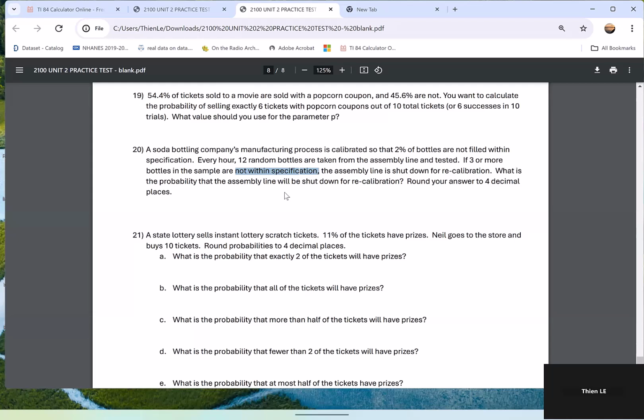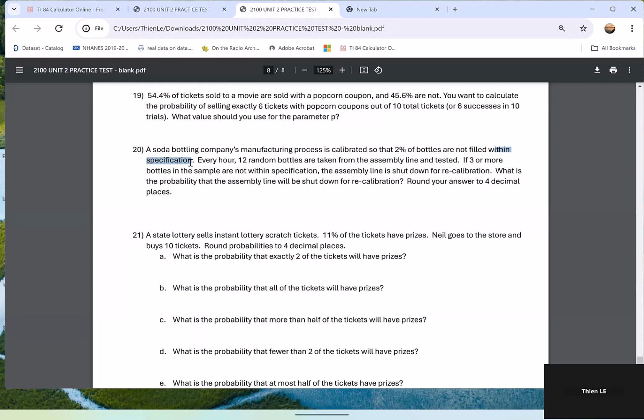So if you denote X as the number of bottles among the 12 that are not within specification, then you can model X by a binomial with n equal to 12, and the success probability is given here: 2% of the bottles are not filled within specification.